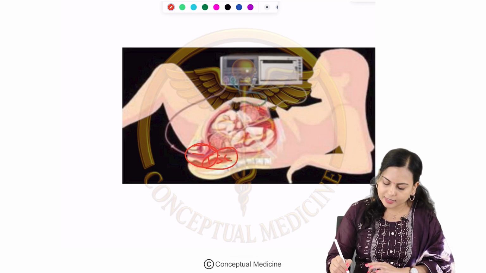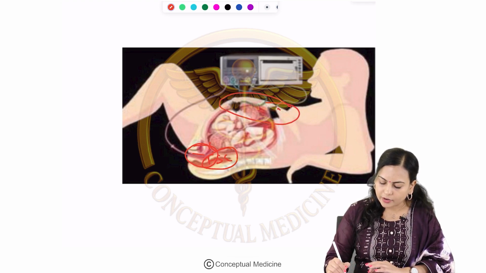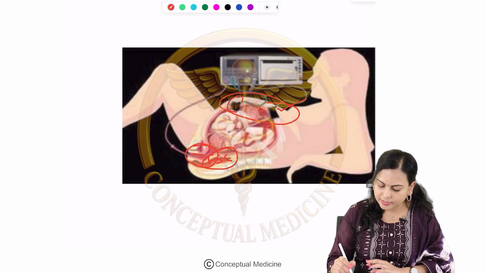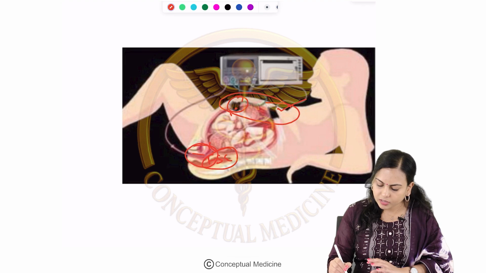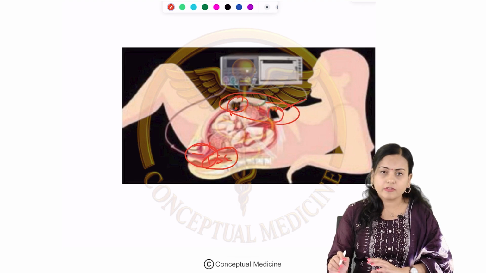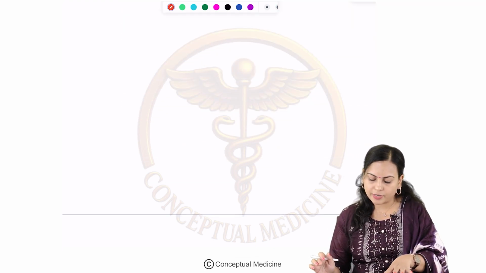Whereas this is the external monitoring of the CTG, where we are putting an ultrasound transducer and a tokogram. This is the ultrasound transducer, kept near the fetal heartbeat. Whereas this is a tokogram that is kept on the uterus to monitor the frequency of uterine contractions. Clear? I hope you have understood this.